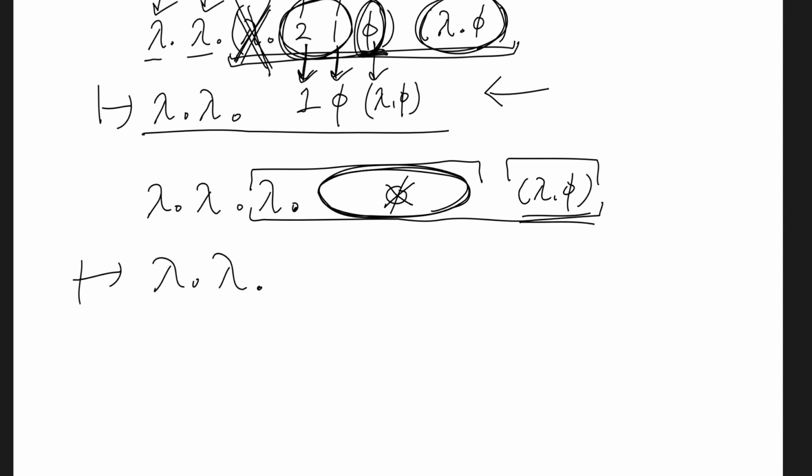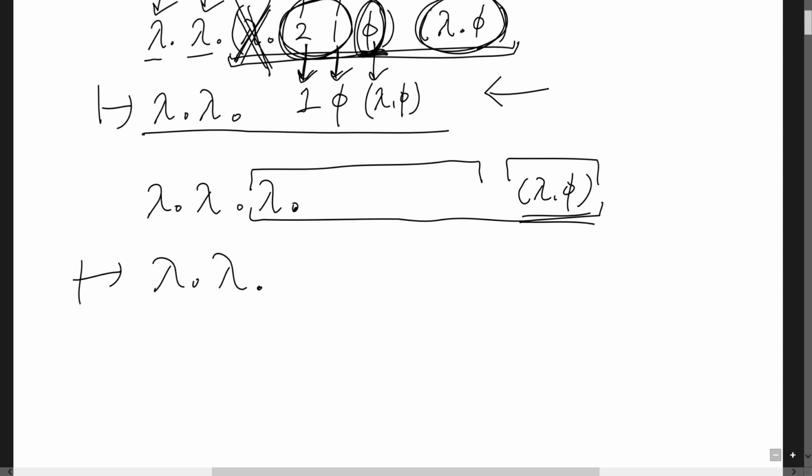But now suppose that here we have another lambda abstraction. So remember that what we needed to do is we are going to remove this one, so this is gone.